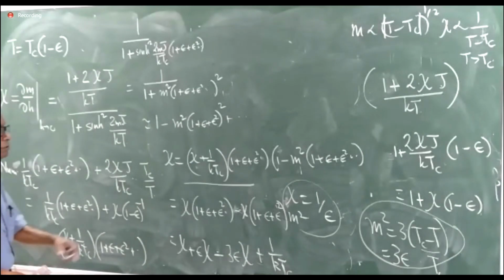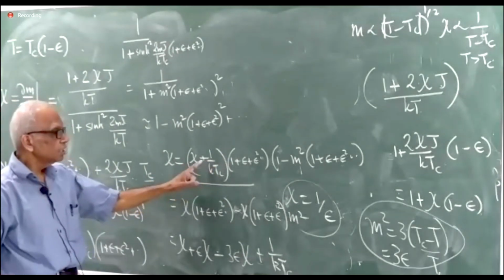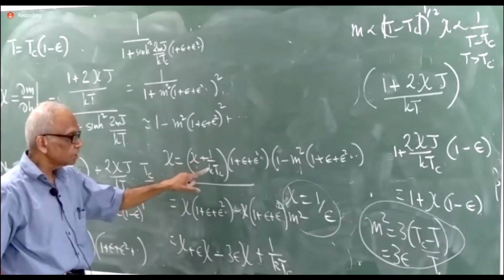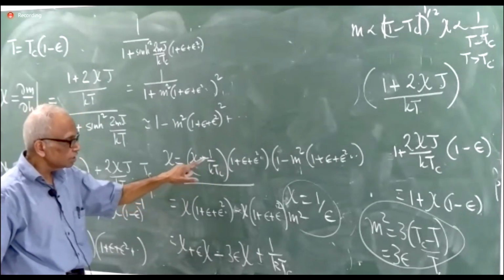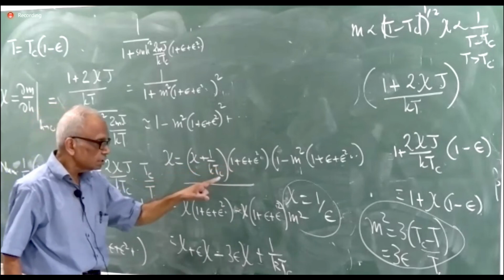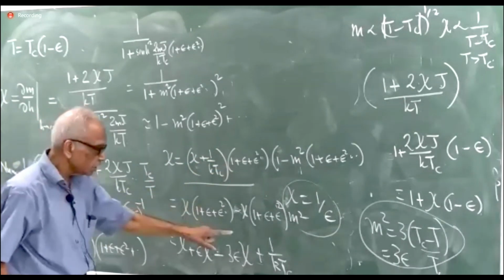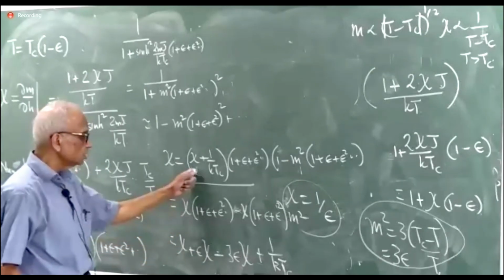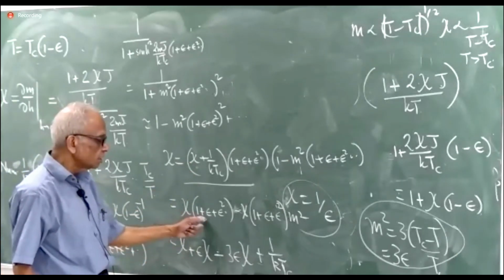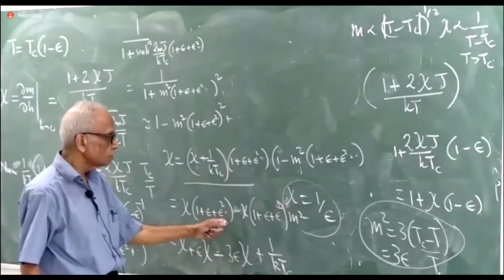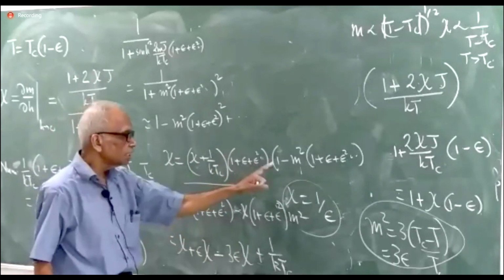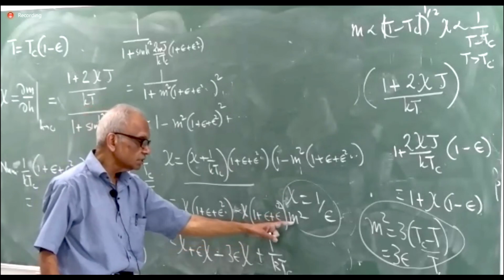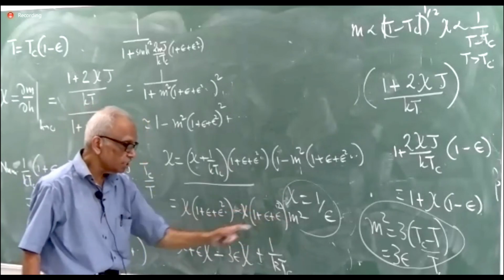So the order unity term over here is chi plus 1 over KTC. So there is chi, and then there is 1 over KTC, that is the 1 plus KTC. And then over here there is what I have already written, chi into 1 plus epsilon square. Then I have to write chi minus m square into 1 plus epsilon. And this m square is like 3 epsilon.